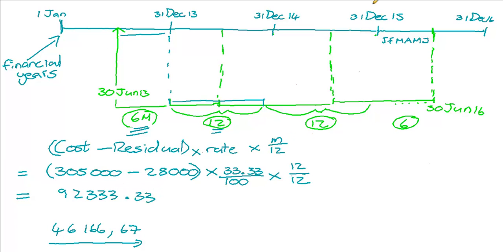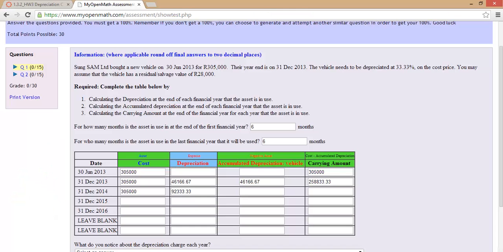Very easy. That's in year 2. This was the depreciation in year 1, and the depreciation for year 2 is that figure.